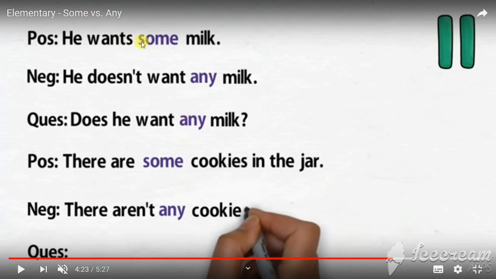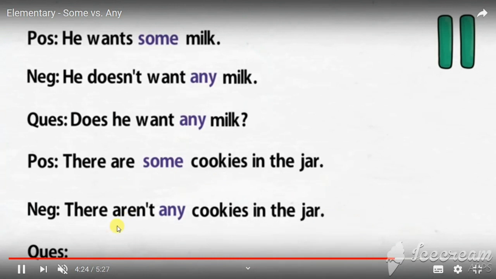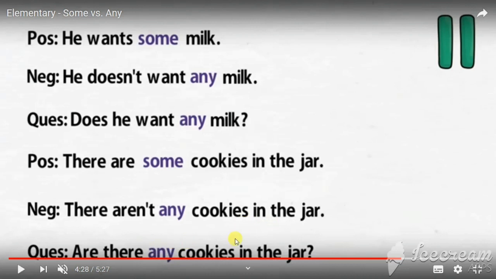If we want to change this positive sentence with some into a negative or question, we must change some into any. There are some cookies in the jar. The negative sentence: there aren't any cookies in the jar. Are there any cookies in the jar?